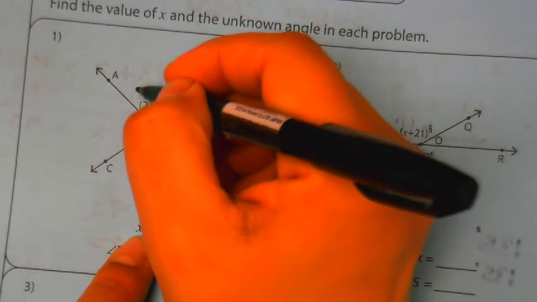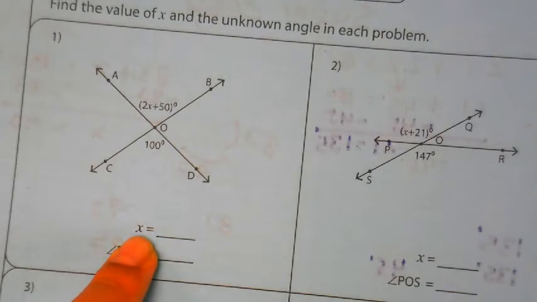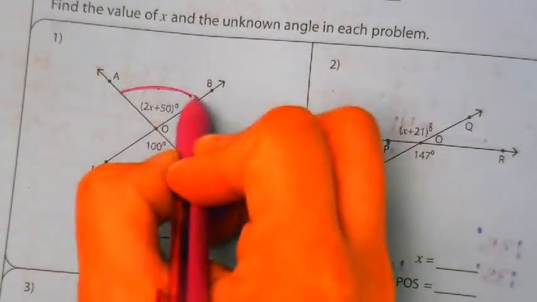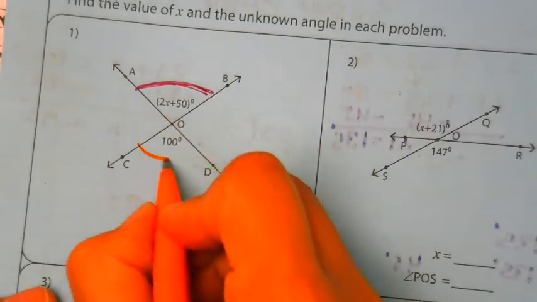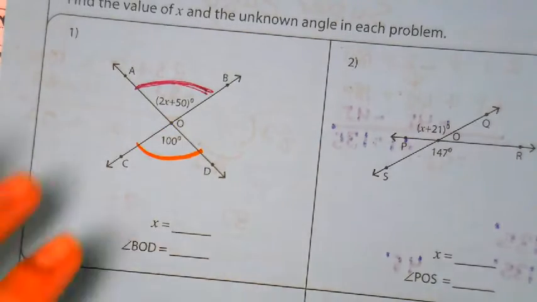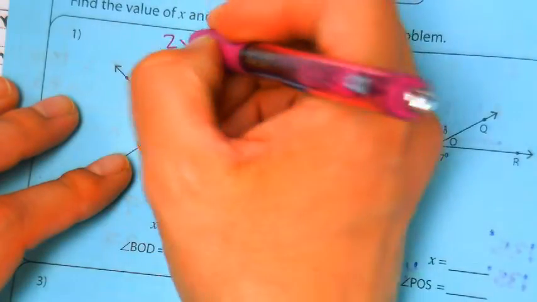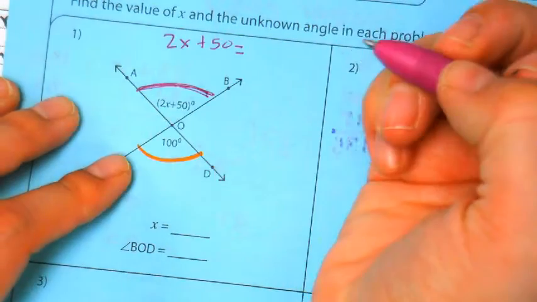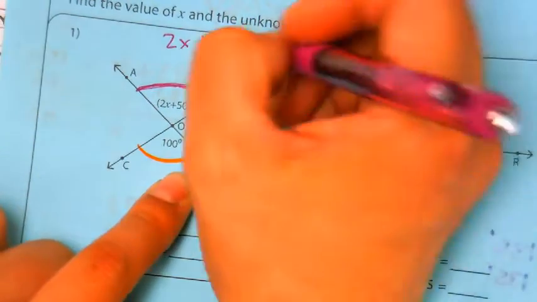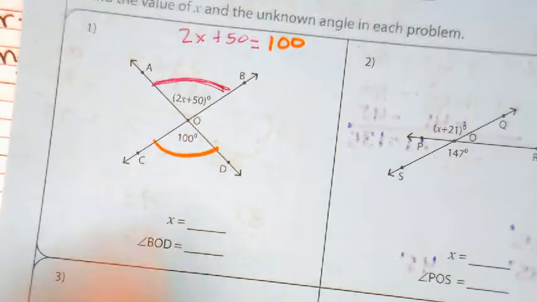This angle that I will color in purple is equal to this orange, okay? So that means that 2x plus 50 is equal to the orange, 100.